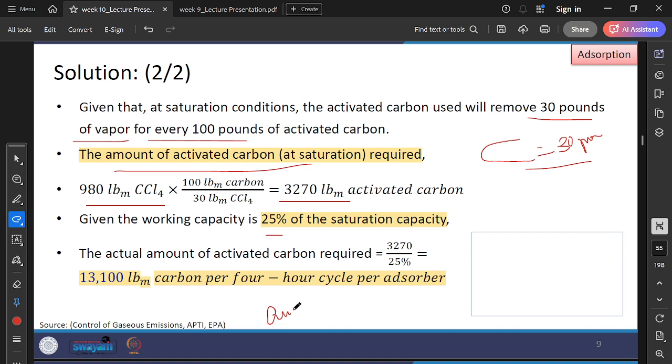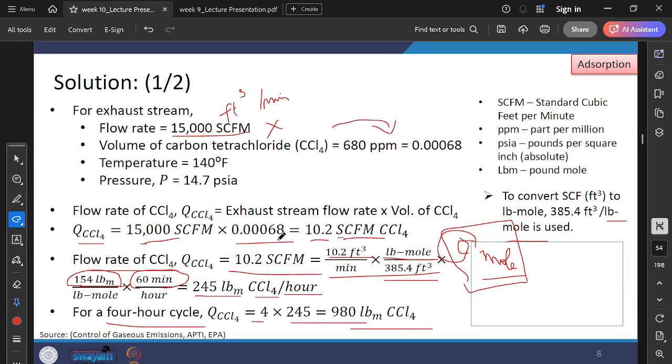Quantity or concentration of the pollutant, divided by 30, the percentage by weight, times the working capacity, that is 25 percent. So you multiply all: 30 by 100, 25 by 100, and the concentration I can find from the given flow rate times the concentration of the pollutant, times the mole conversion and the hour conversion.